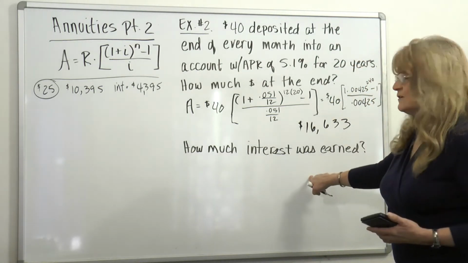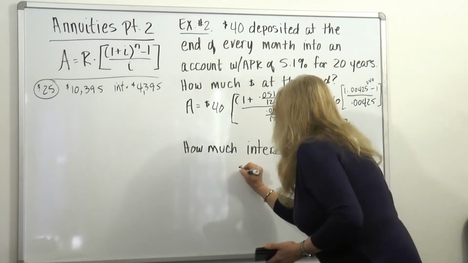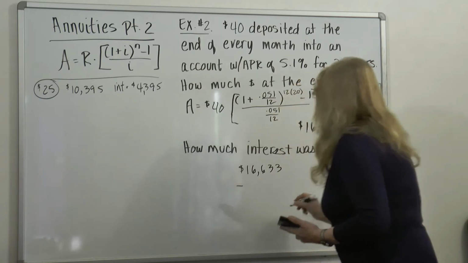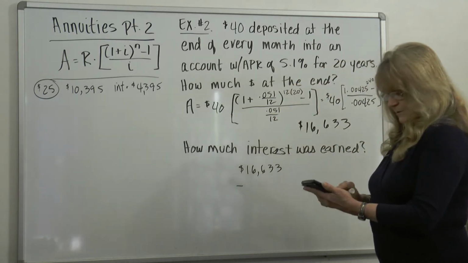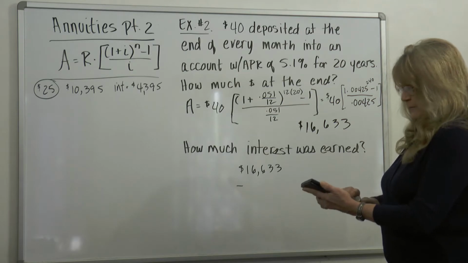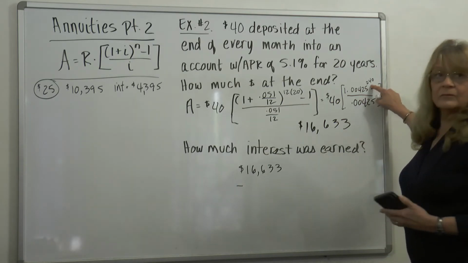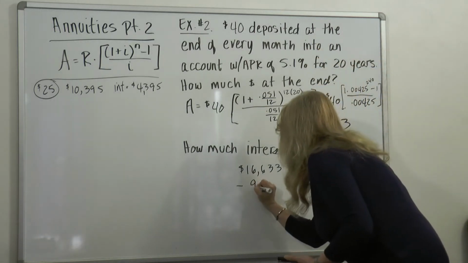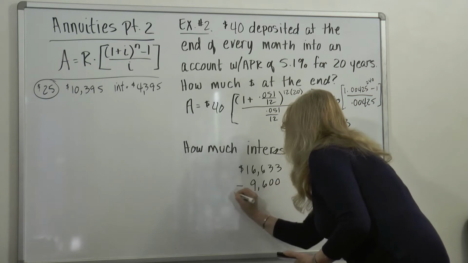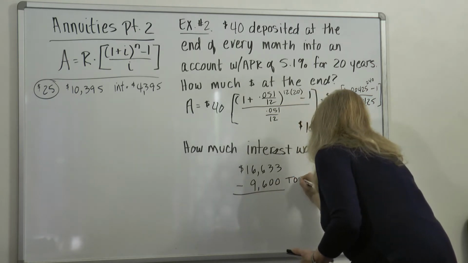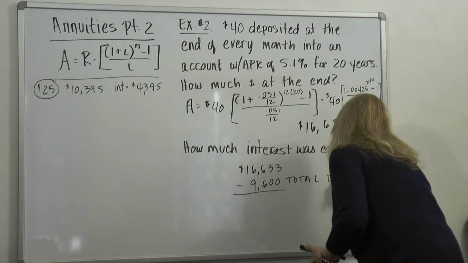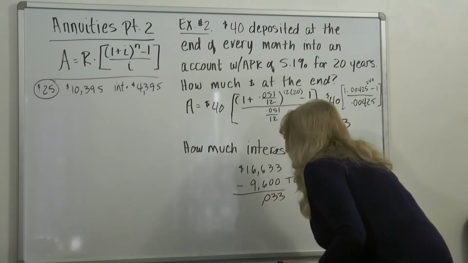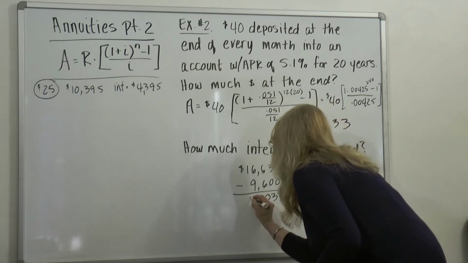Okay, so to figure out how much interest, I take my ending balance, my $16,633, and subtract my deposits. My deposits are $40, 240 times. The 240 months, I make a deposit of $40, so I'm depositing $9,600. 16 minus 9 is 7.